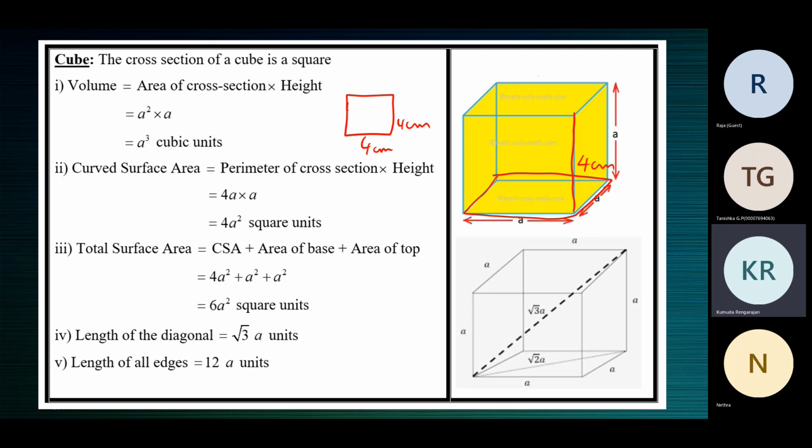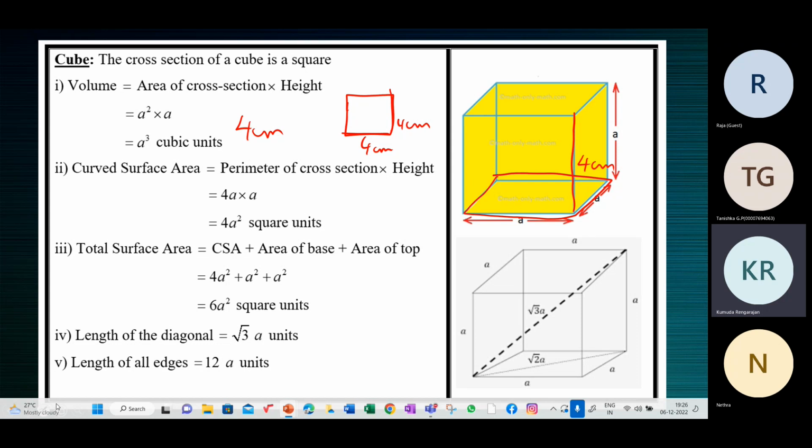When you stack identical squares of length 4 centimeters to a height of 4 centimeters, the solid obtained is a cube of edge 4 centimeters, because the length is 4, the breadth is 4, and the height also is 4. So we say that the cross section of a cube is a square.